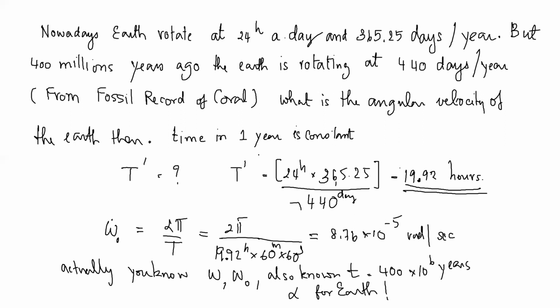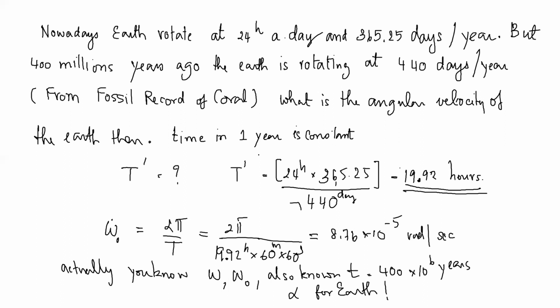So 400 million years ago, they found that one year at that time was not 365.25 days. It was actually 440 days a year. So that means that at that time, the Earth was spinning faster than it is today.